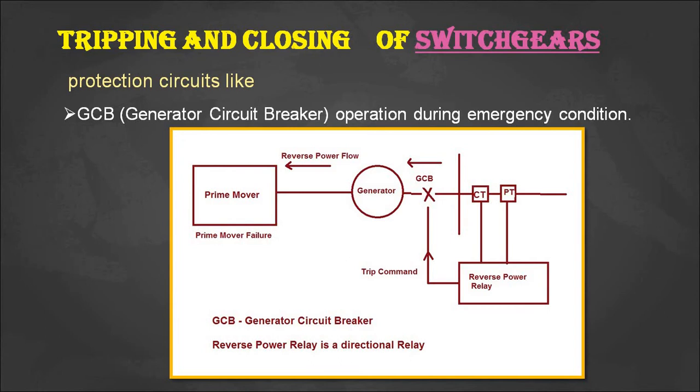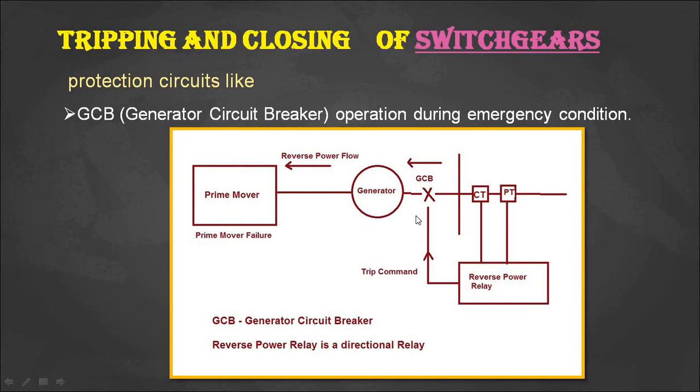If at that instant the generator circuit breaker is not tripped, nothing but if it is not opened, whatever power supply or energy is there at the grid side will flow into the generator. We call that reverse power flow.